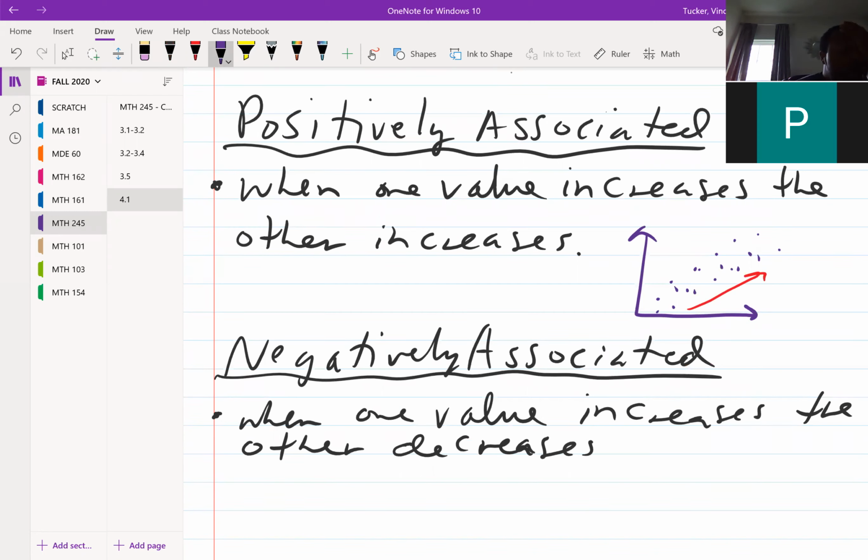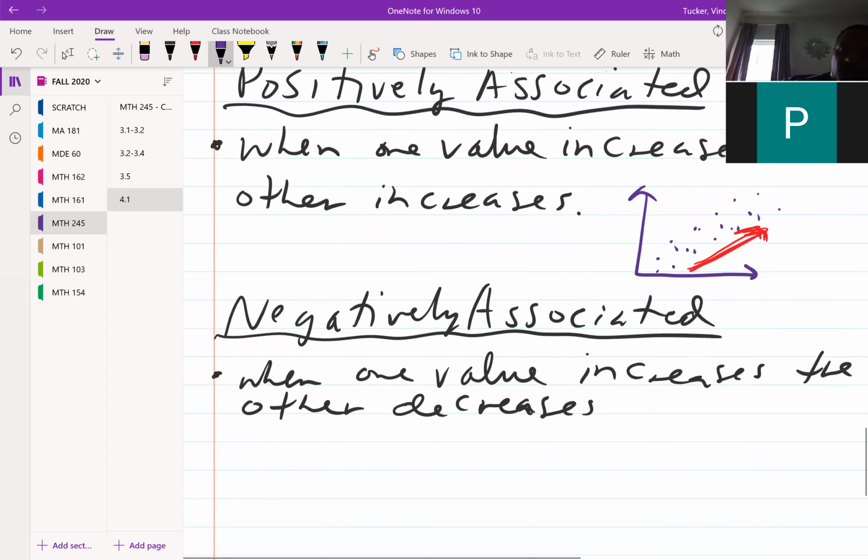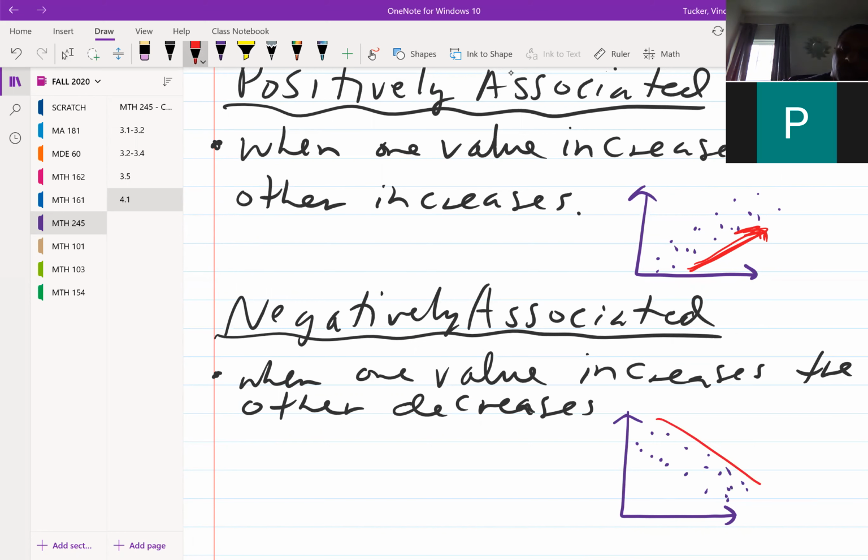When it's positively associated, it's just saying that when one value increases, the other one increases. So if I follow my points from left to right, if they're going up, then that's positively associated. Negatively associated, when one value increases, the other decreases. So following my points from left to right, if they are going down, then that's negative association.